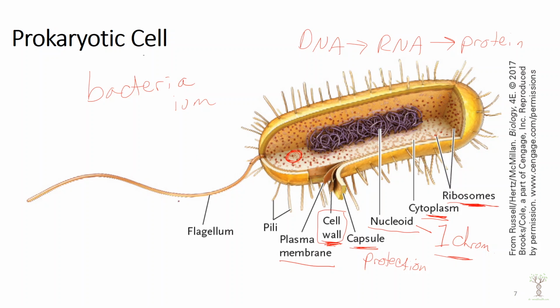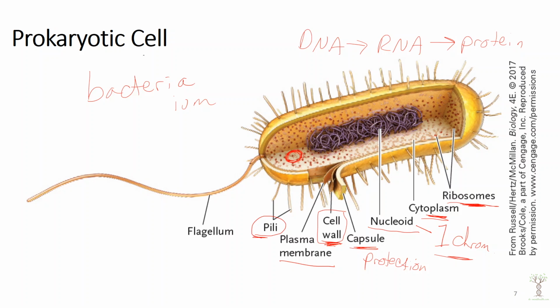And then lastly, some bacteria can have these extra structures. So some bacteria have these little pili. They kind of look like little hairs. The purpose of these is to exchange genetic material, like perhaps this little plasmid, which might have a few extra genes on it.